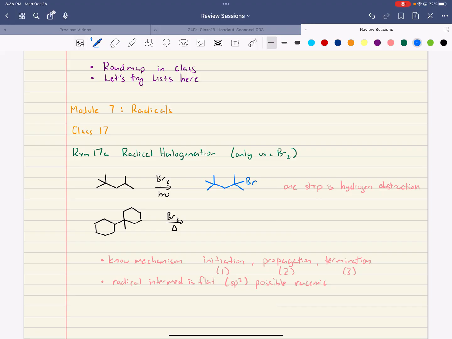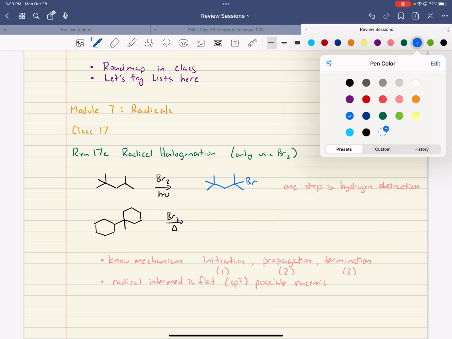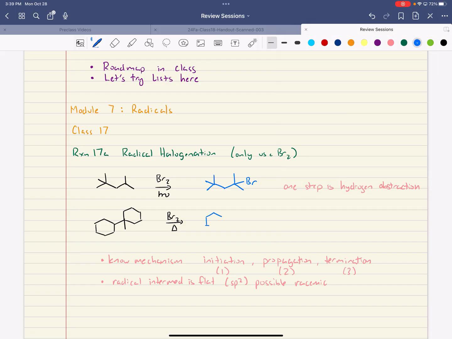For the other example, again, you can't put the bromine here. There's no space. We do have a tertiary carbon, so you're putting the bromine at the most substituted position that has a hydrogen that can be abstracted. This position that has 4 bonds already, this one right here, that's called a quaternary, like a 4 degrees.